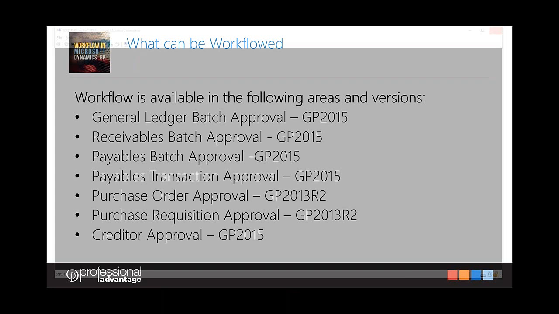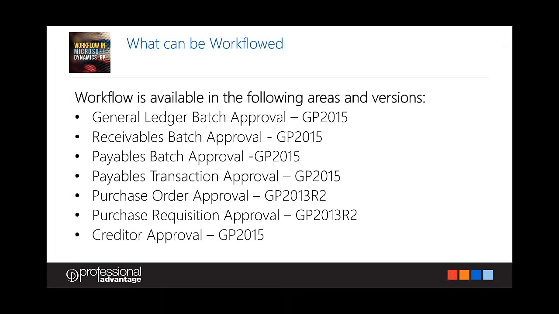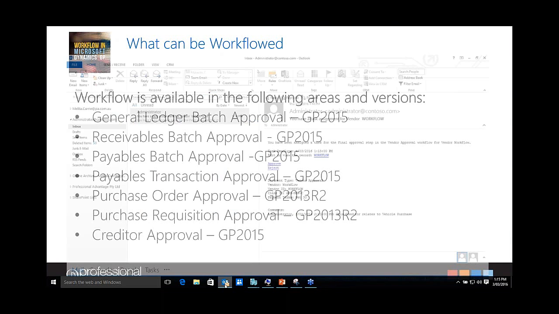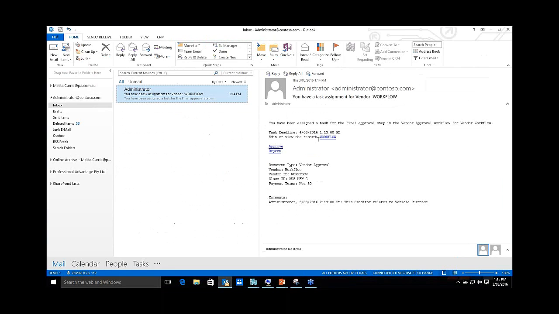Now, if we have a look at this here, you'll notice with the email we've got workflow, where we can view the record, and we've also got the ability to approve or reject.